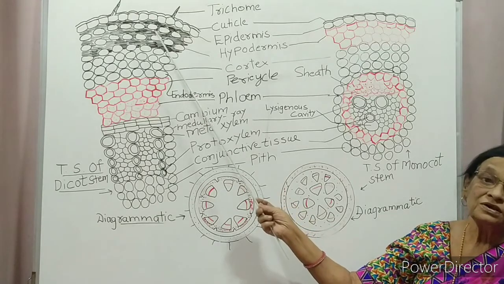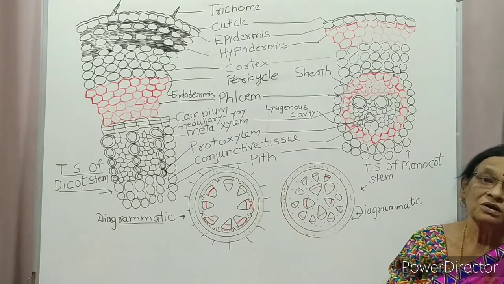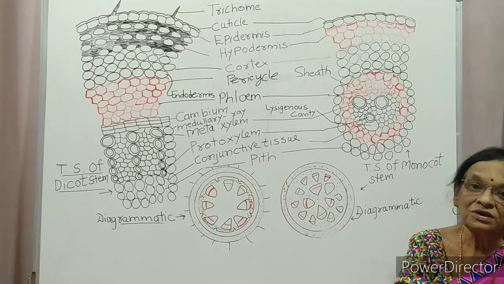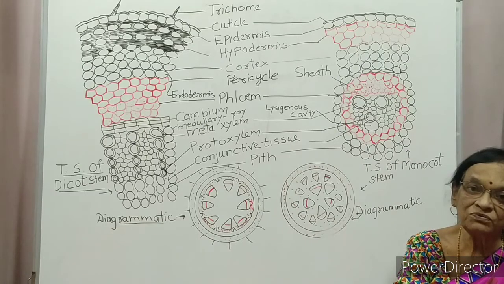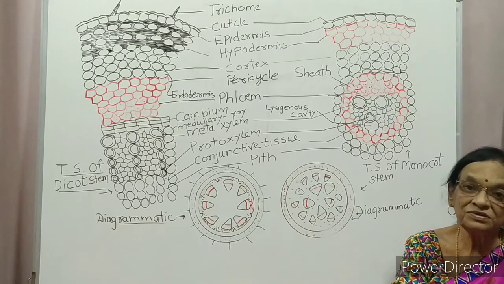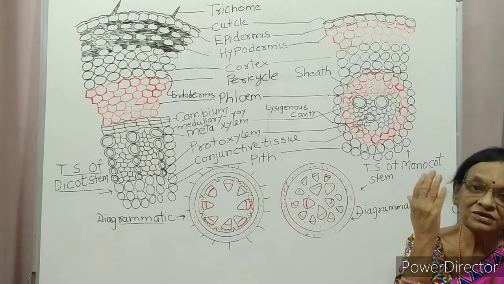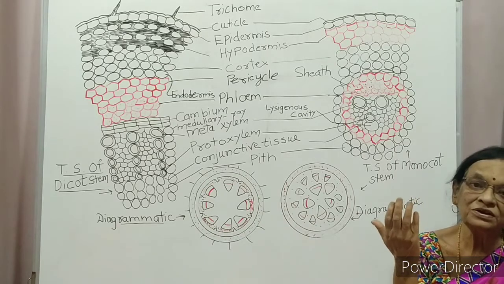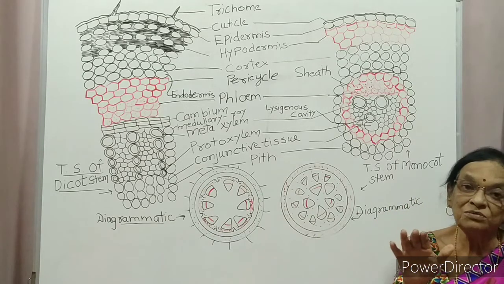Next layer is collenchyma. Already you have studied that collenchyma is a tissue responsible for mechanical strength and elasticity. The young stem has elasticity. It moves with the wind current and it remains fixed in its place.